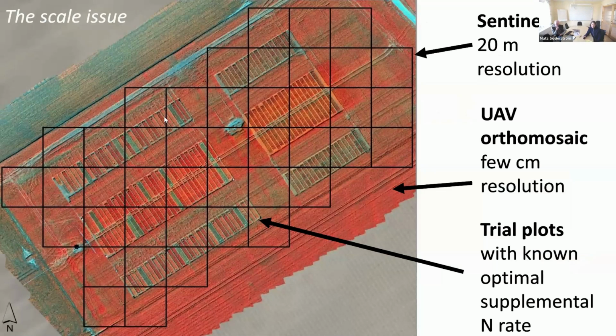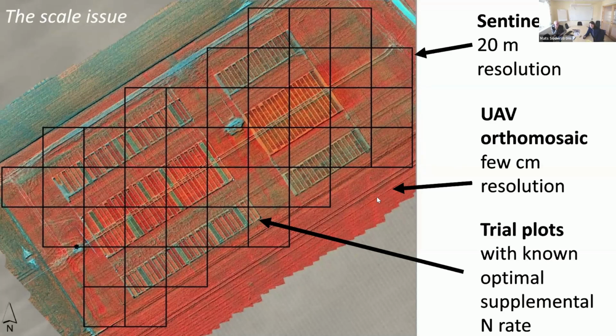This is a nitrogen fertilization trial with a plot size of about 2 × 10 meters, a very common field trial size. The black squares here are the 20-meter resolution of the Sentinel-2 satellite images, and the image we see here is an unmanned aerial vehicle orthomosaic with a few centimeters resolution.